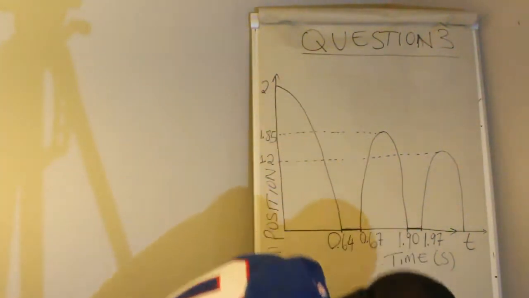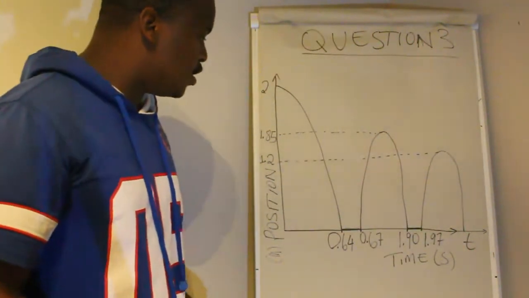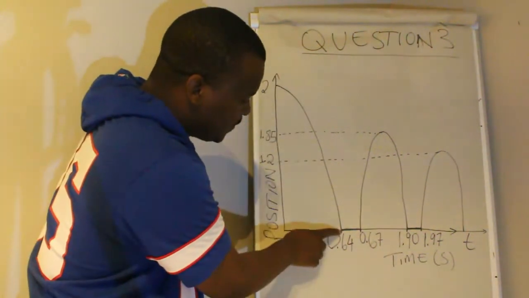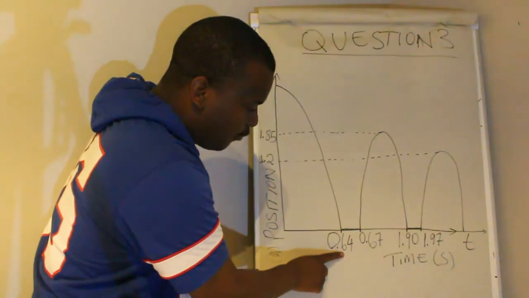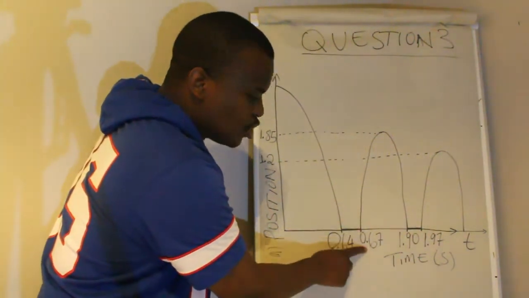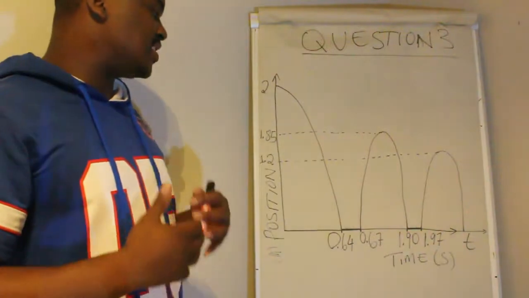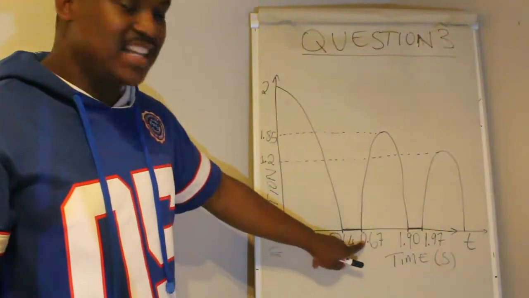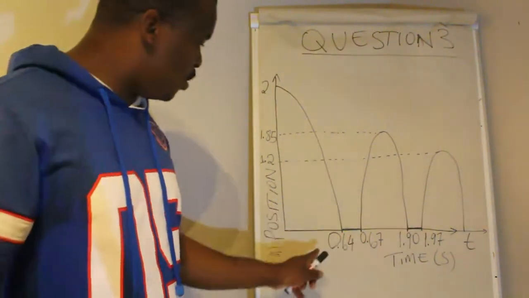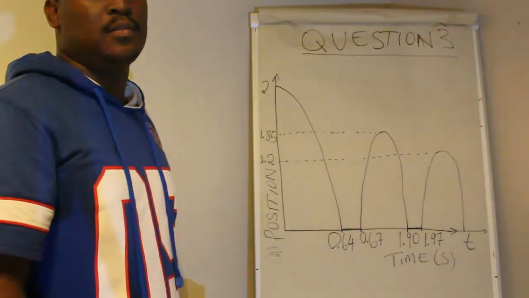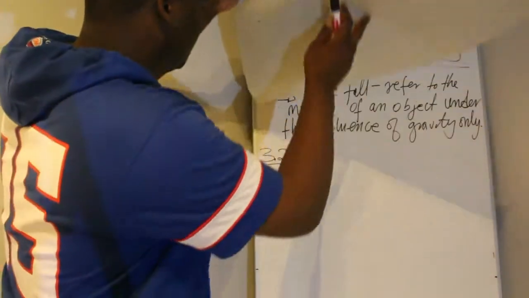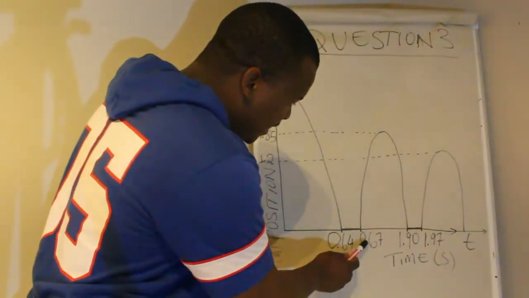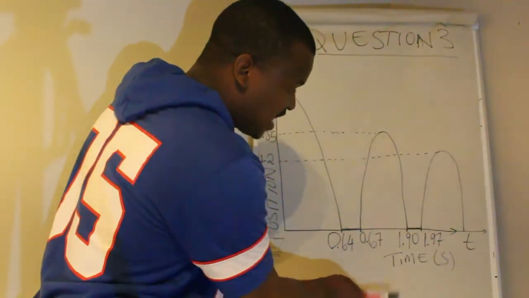So let's go and calculate it. To find it, it will be the difference between this time and that time, because our ball landed on the floor at 0.64 and bounced off the floor at 0.67. So the time it is in contact with the floor should be the difference between the two times, because this is the arrival time, this is the departure time. So the time stayed will be the one that is lost in between. So let's do it. The time of departure is 0.67, which is the time of bouncing.